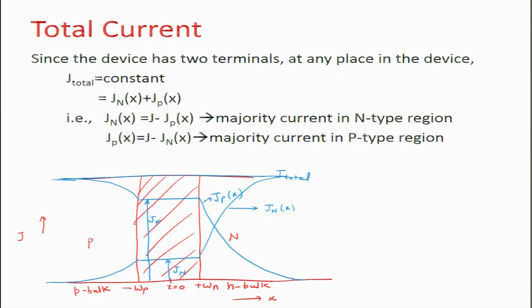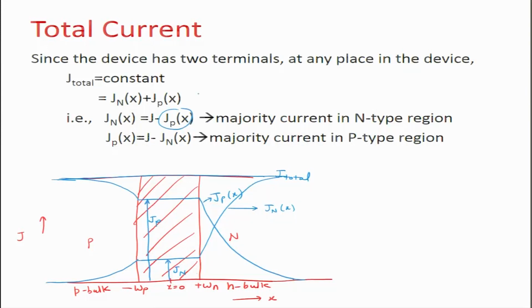If you want to find the majority current in the N type region, it would be J total minus JPX, because that becomes the majority current. Similarly on this side, the majority current JPX would be total J minus JNX. Similarly you can find the minority current.